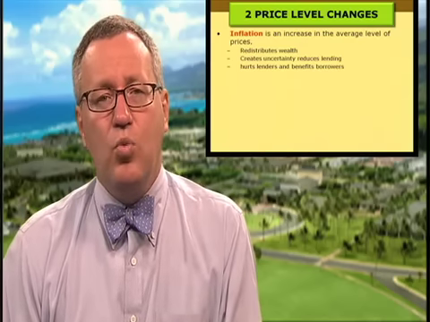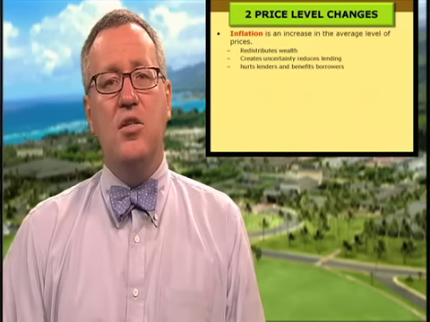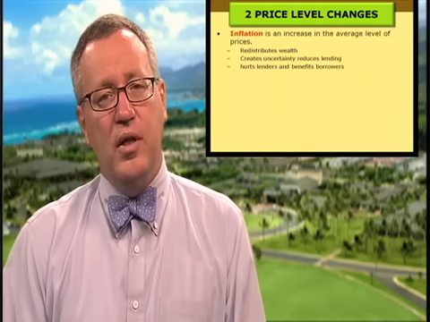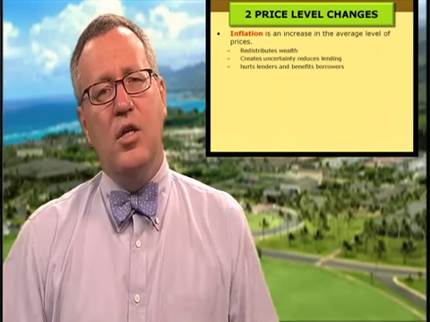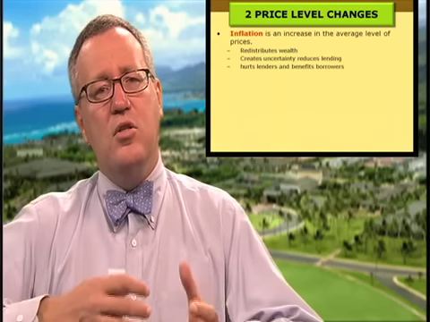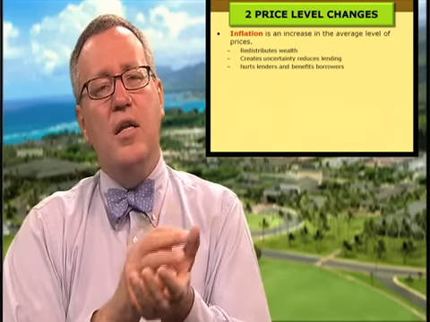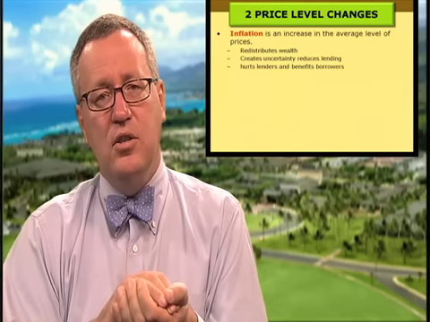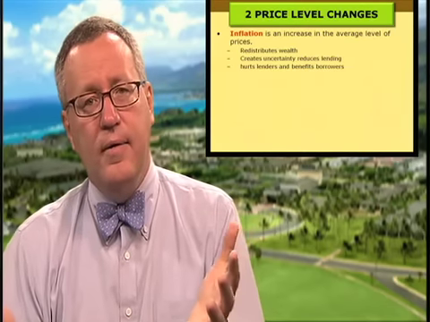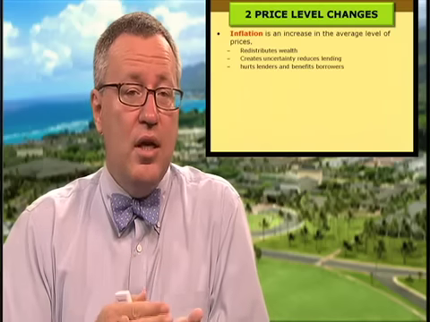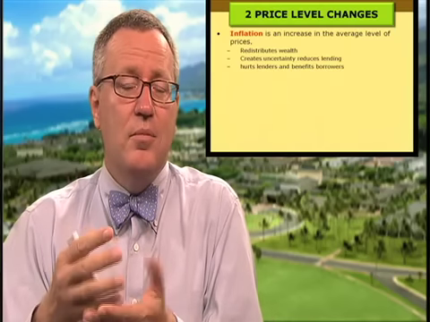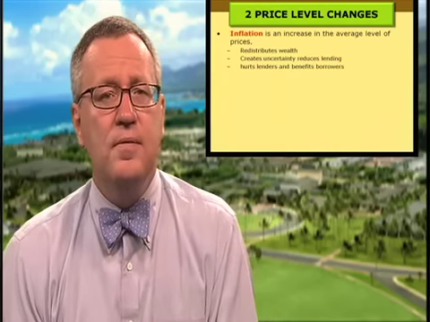It redistributes wealth. It creates uncertainty and consequently reduces lending. You can see how it would redistribute wealth because those whose incomes are tied to inflation are okay, because their incomes are going to go up as inflation goes up. So they're largely held harmless.